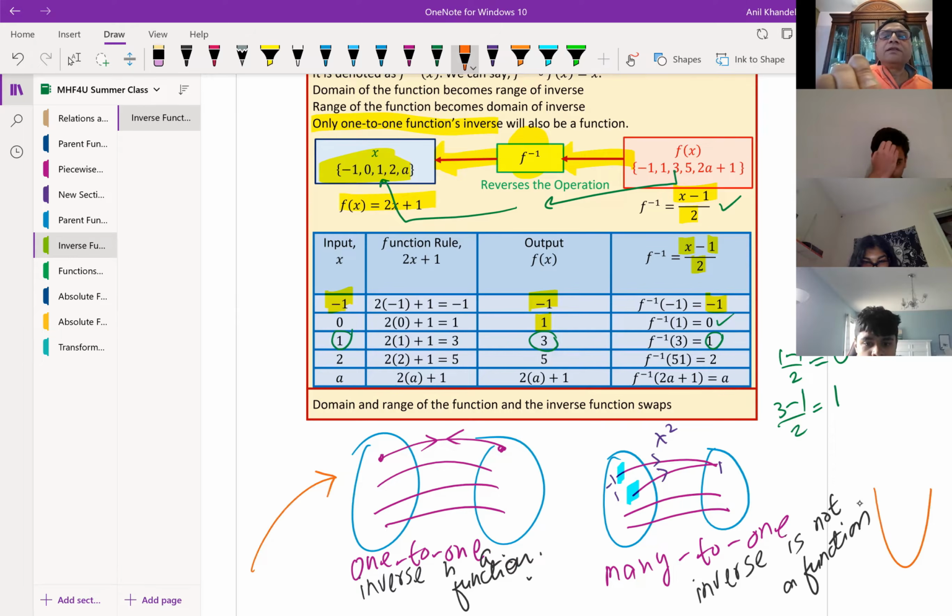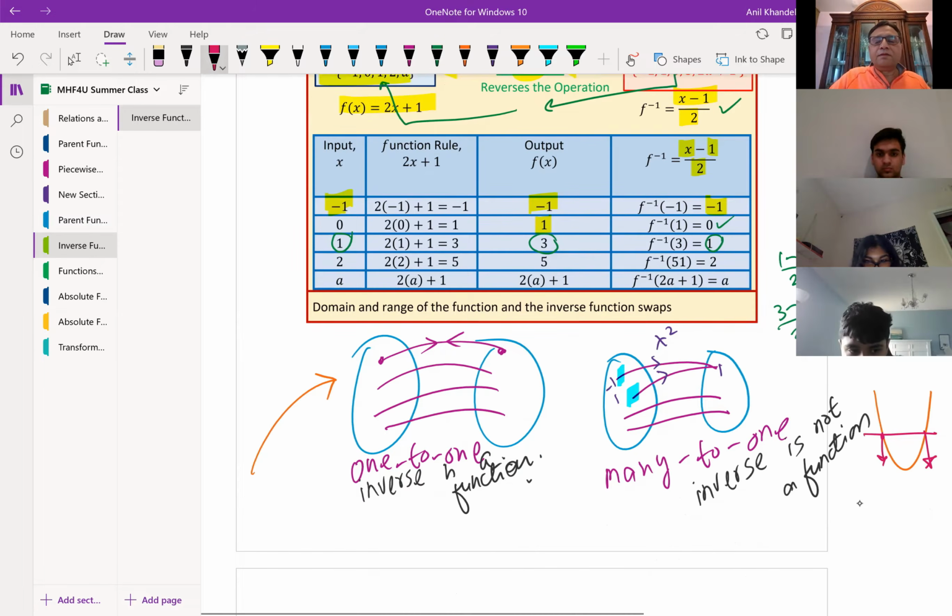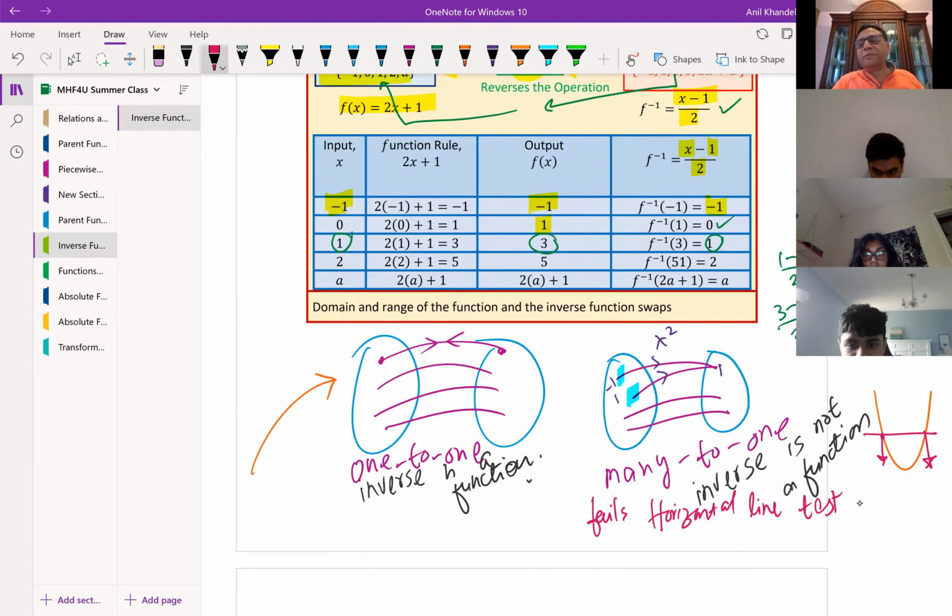You will see that this is not a function mainly because for one y value, we have two x values. Do you see that? So we say it fails the horizontal line test. So basically, one output can have two inputs. That's just what it confirms. So that is the basic concept.